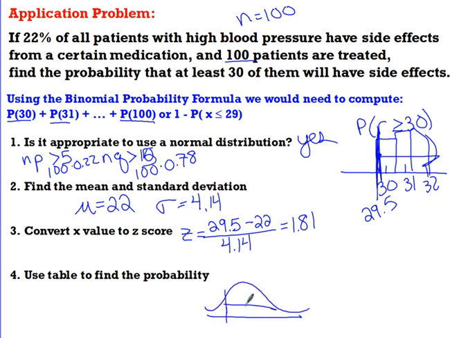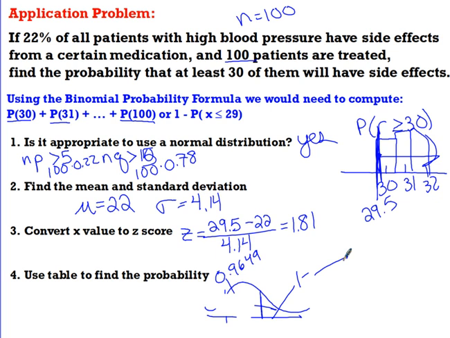So if I look at the table, wow, that's a horribly bad drawing. My z-score is probably over there somewhere, bigger than the mean. Okay, if I look up the 1.81, I have 0.9649. Okay, but that's over here, so it's going to be 1 minus that number.